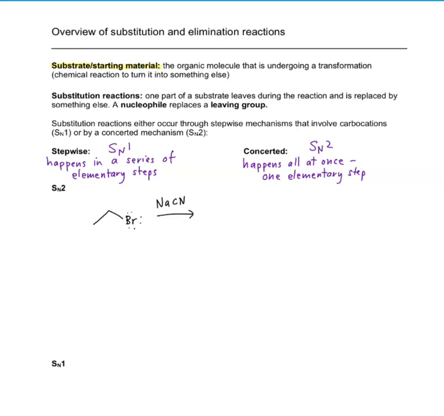So the thing on the far left, which is ethyl bromide, this is our substrate. Now, in a substitution reaction, the substrate is reacting with a nucleophile. The nucleophile is over here above the arrow. It's the cyanide ion. So CN minus.